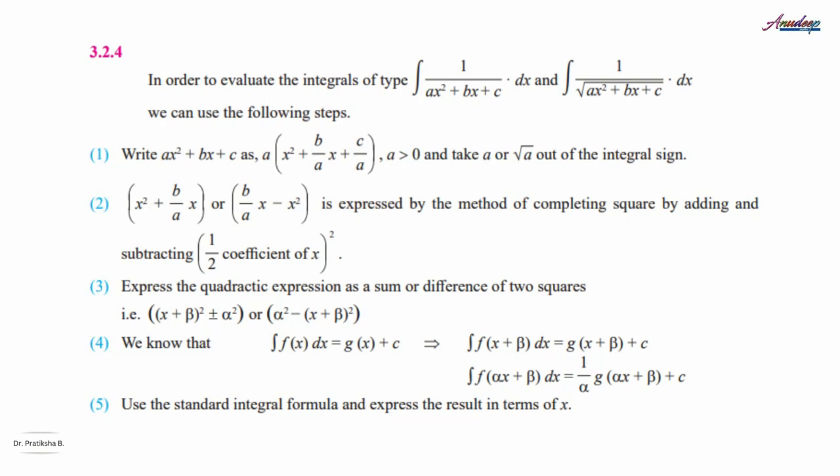We find out the third term, and for that the formula is: third term is equal to one upon 2 coefficient of x, the whole square. In this manner, after expressing the denominator as a perfect square, you get the form of the direct standard formulas that you can apply. So you can identify it and apply that.